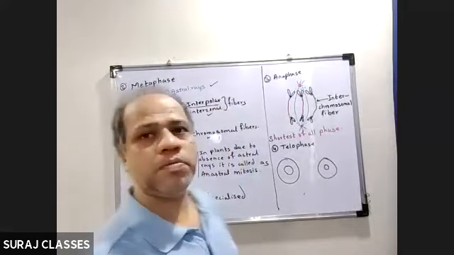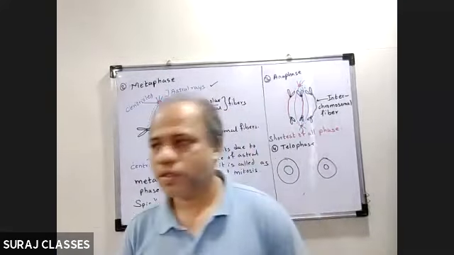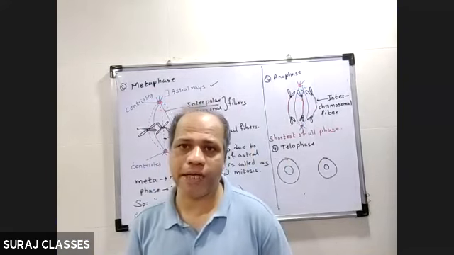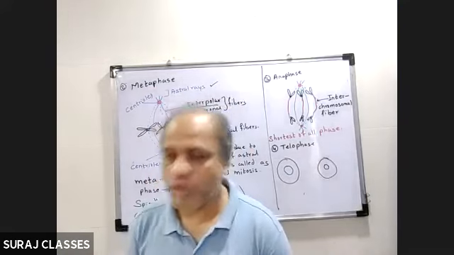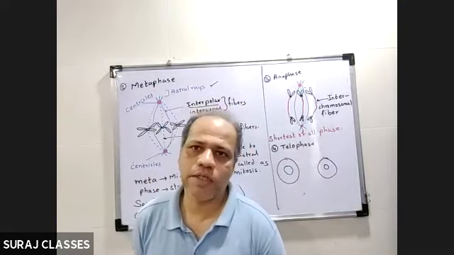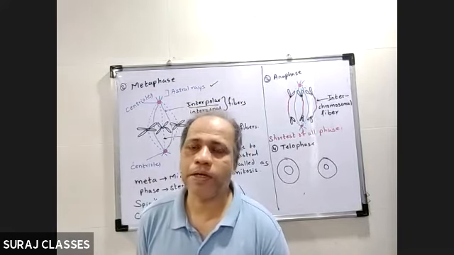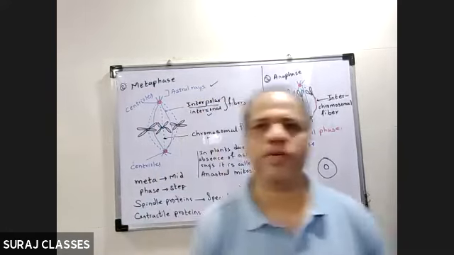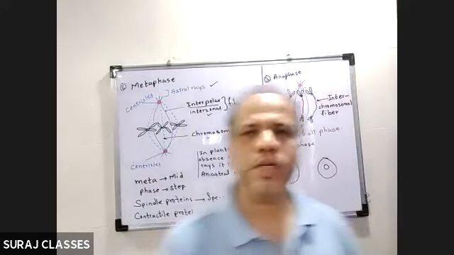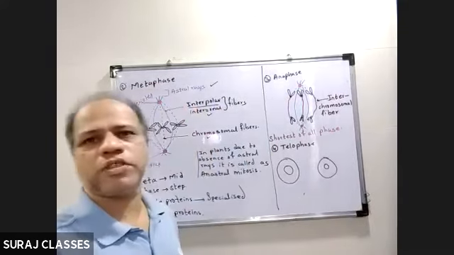The chromosomes become hydrated; there they were dehydrated. They undergo coiling; there it was uncoiling. They become longer and again become chromatin thread, then chromatin reticulum. With this, our cell division, the mitosis part, is done.